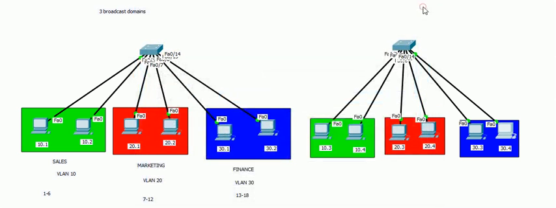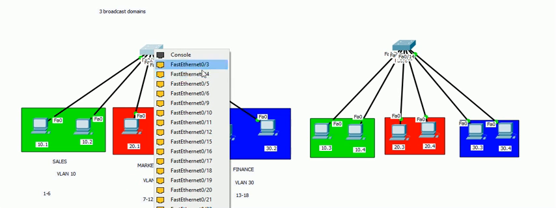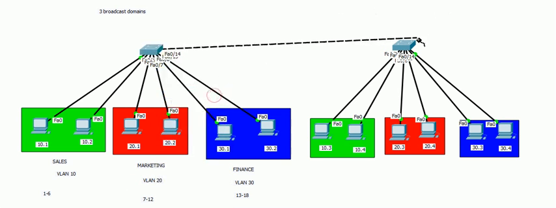3 different VLANs should communicate with the same VLANs in the other switch. What we see is 3 different broadcast domains. How can I join those broadcast domains?